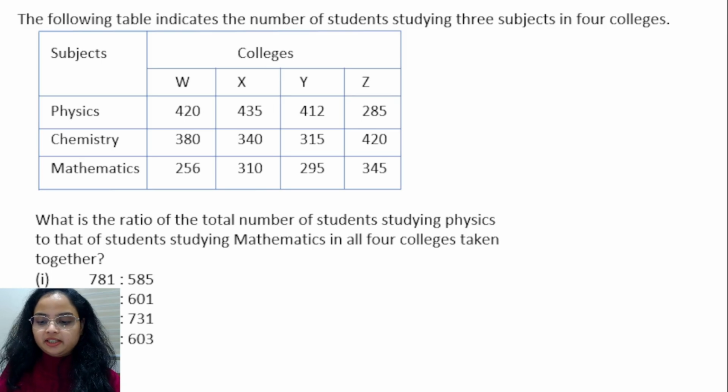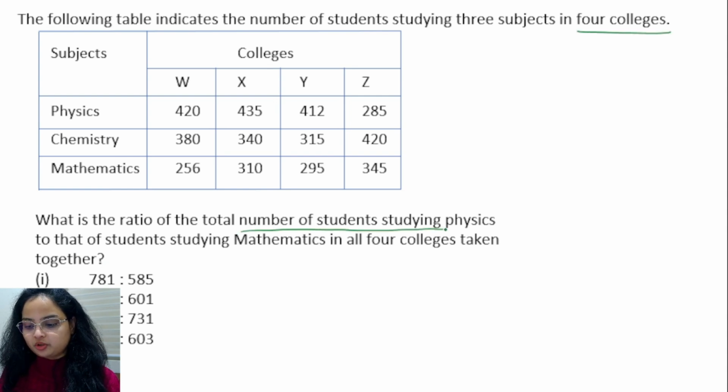The following table indicates the number of students studying 3 subjects in 4 colleges. Okay, find what is the ratio of the total number of students studying physics to the total number of students studying math. What is the total number of students that were studying physics? Okay, here 12 and again 6, 7, 7 plus 8, 15, 12 plus 14, 15.